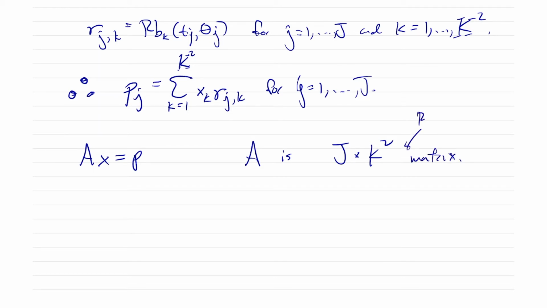You can say a real valued matrix if you want. We don't get any complex answers out of X-ray beams. All right, so then the question is, is this solvable?